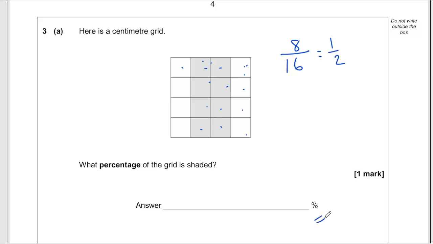Now it wants it in percentage, remember? Percentage is highlighted. So if I could make that bottom number 100, the top number, I've times it by 50, would be the same thing, 50%. 50 over 100, 50%. Okay, if you've just put half, you won't get the marks for it.